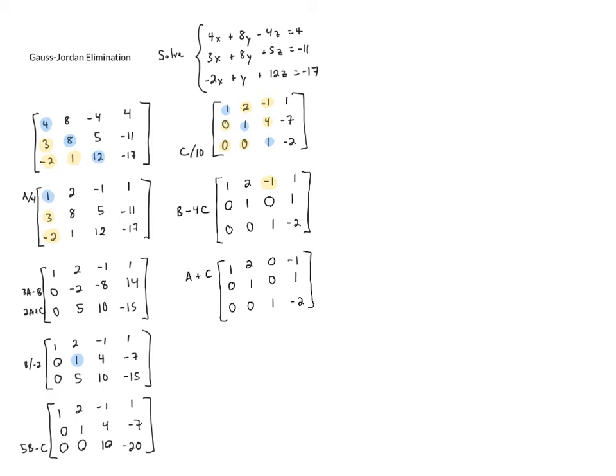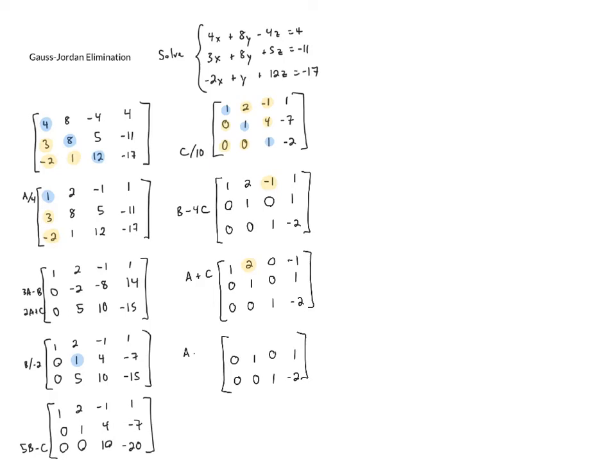So we're one step away from getting it in the form that we want it to be in. We just have this 2 that we need to get rid of. Can you see how we can get rid of that 2? We're going to keep the other 2 rows the same. But to get rid of this 2 here, we need to take the first row and subtract twice the second row, because that will subtract 2 away from the 2 and turn it into a 0.